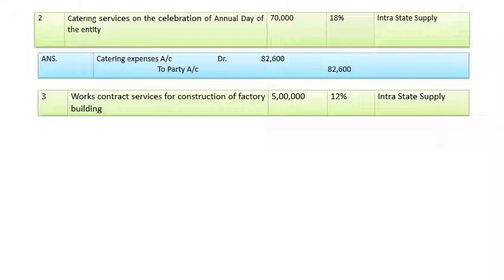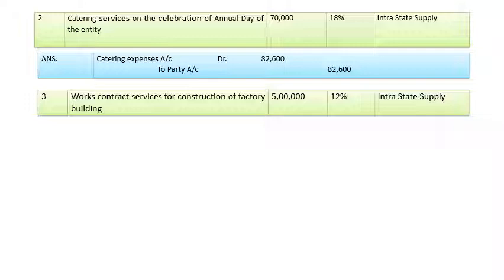Works contract is allowed if it is given for establishing plant and machinery in the factory premises, and whatever GST paid on that expense is allowed, because plant and machinery are directly going to be used in the manufacture of goods. So except plant and machinery, nothing is allowed in case of works contract.